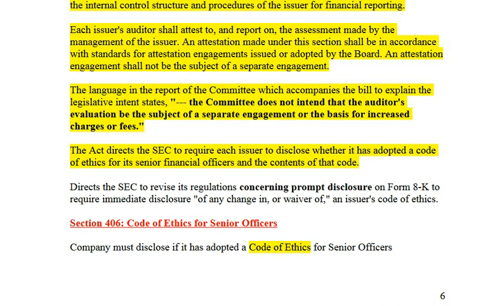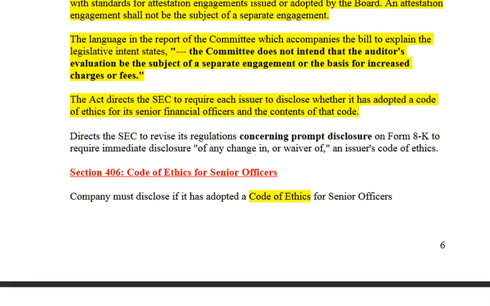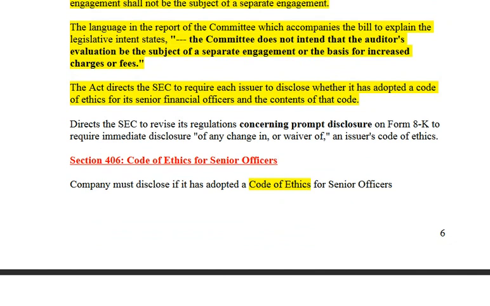The language in the report of the committee which accompanied the bill to explain the legislative intent states: the committee does not intend that the auditor's evaluation be the subject of a separate engagement or the basis for an increased charge or fee.